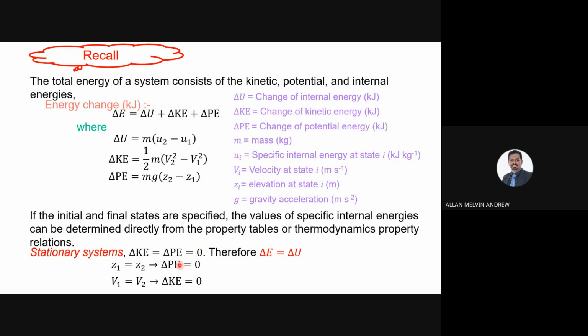There are no changes in elevation or height, so Z1 equals Z2, so no change in potential energy. A stationary system is not moving, so no change in velocity, V1 equals V2, so the kinetic energy becomes zero.